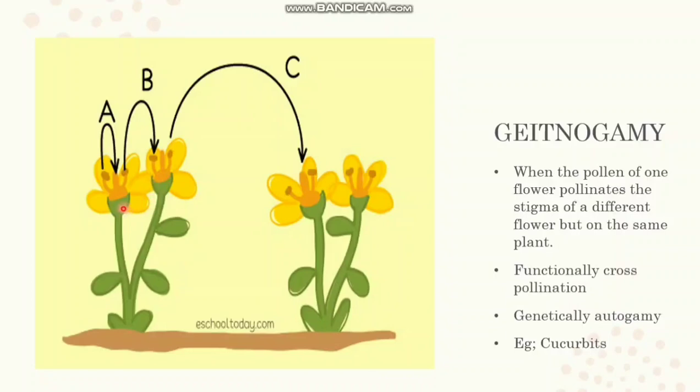Functionally, it is cross-pollination because for carrying pollen from one flower to another, an external agent, a pollinator, is always needed. But genetically, it is autogamy because the flowers are genetically similar as they belong to the same plant.